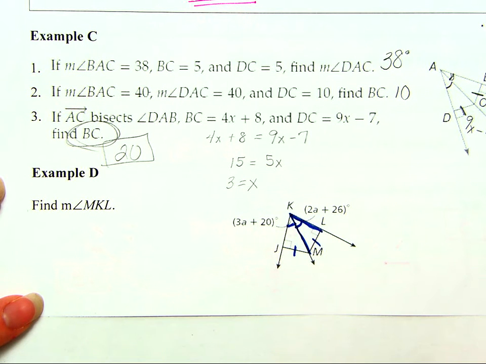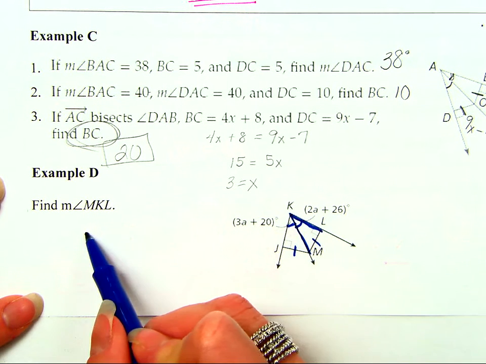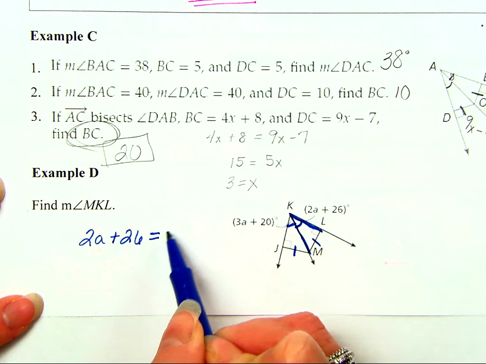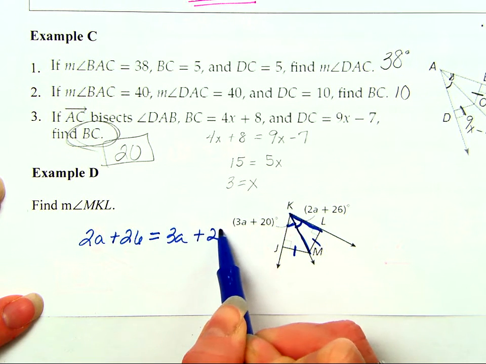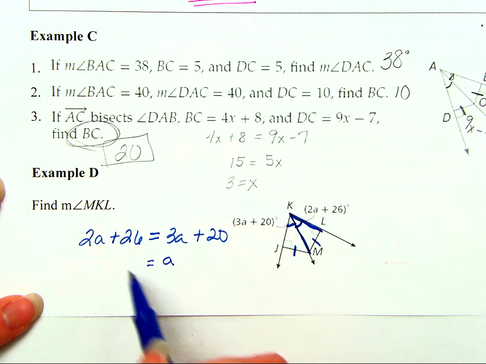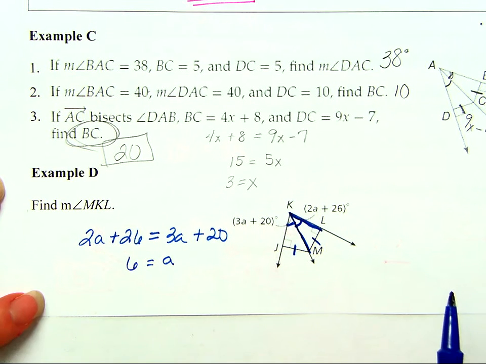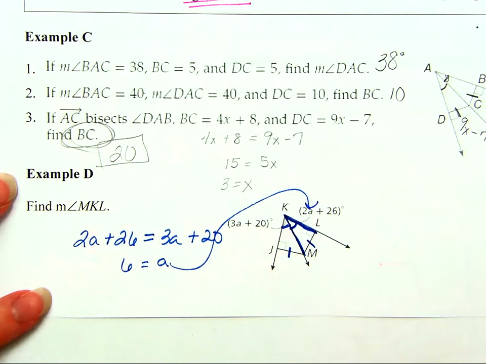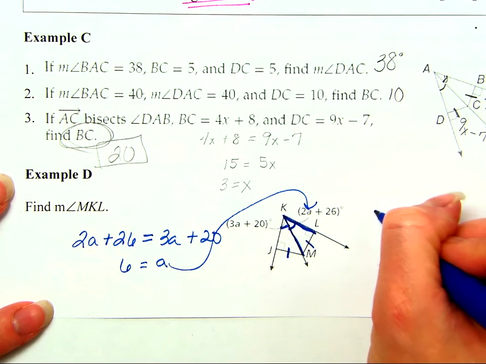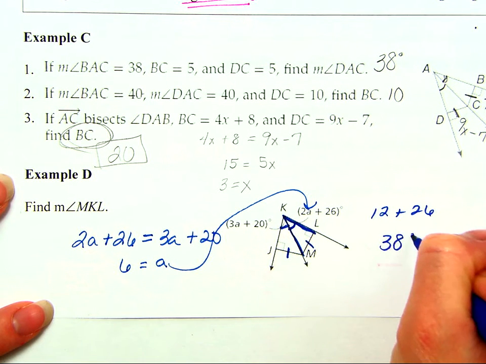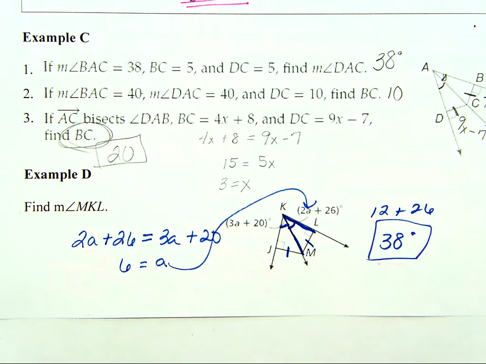These two are pointing to my two smaller angles, and so we're going to say that 2A plus 26 must be equal to 3A plus 20. A is on one side, numbers on the other. Looks like A is 6, but again, we need to take that and plug that in. 2 times 6 plus 26. Our angle measure must be 38 degrees.